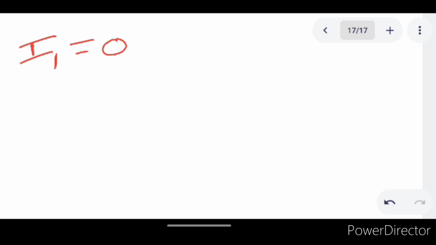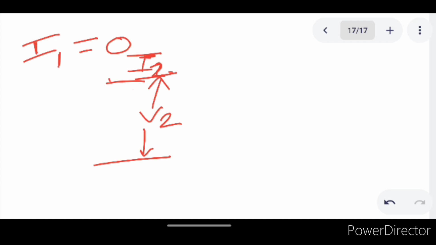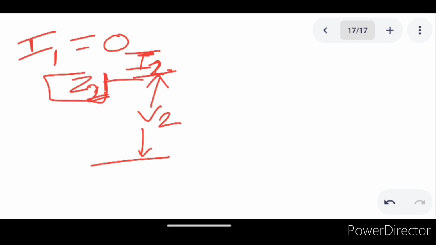Now what will be the circuit when I1 is equal to 0? There will be a voltage source of V2, current of I2. As I1 is equal to 0, these were Z2, these were Z3.